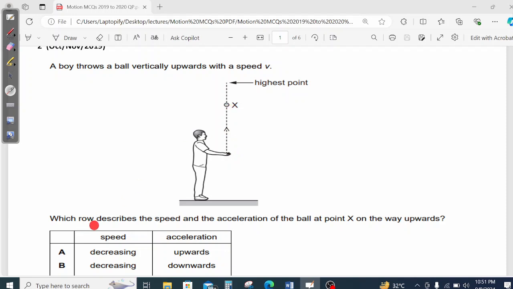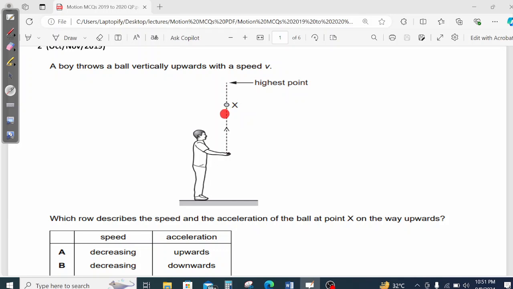Okay, which row describes the speed and the acceleration of the ball at point X on the way upward. It means when this boy throws a ball in the upward direction, you have to focus on that point. When the body is moving in the upward direction, remember the speed of your body will decrease.